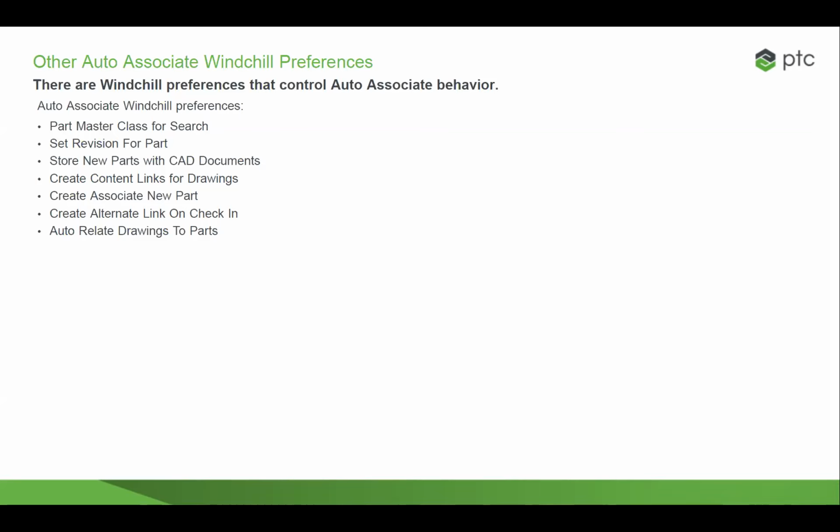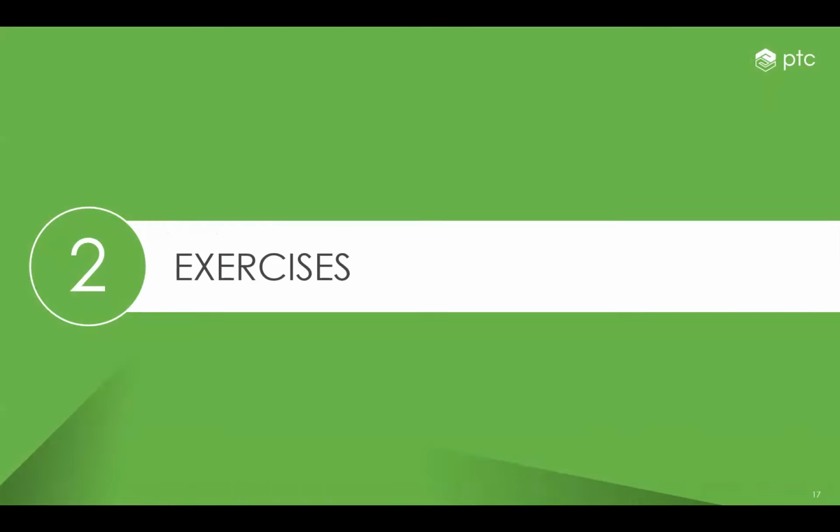Right now, when you set Windchill to create an auto-association automatically, it will search for a part with the same number as the CAD model. If it doesn't find it, it creates a part. But with this preference, you can say, if you don't find a part with such a number, don't create the part, for example. Those are preferences that can be useful to set in a very common situation.